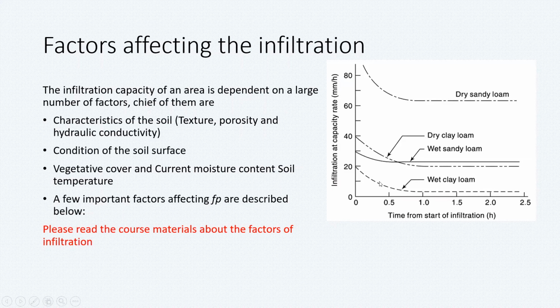Wet clay loam has very low infiltration capacity because it is already saturated. Then dry clay loam has a higher infiltration capacity. And if you compare wet sandy loam to dry sandy loam, dry sandy loam also has a better infiltration capacity because it has enough additional pores to absorb water.